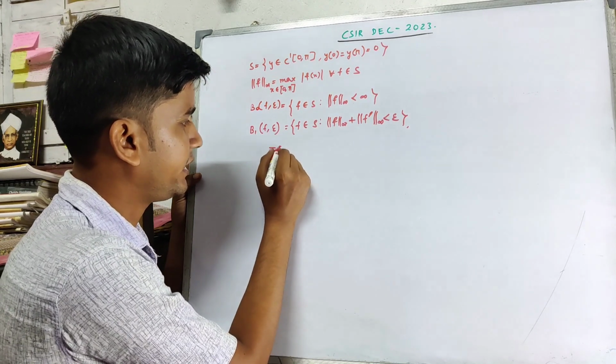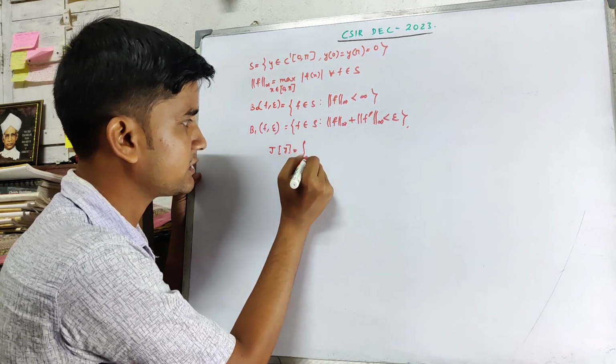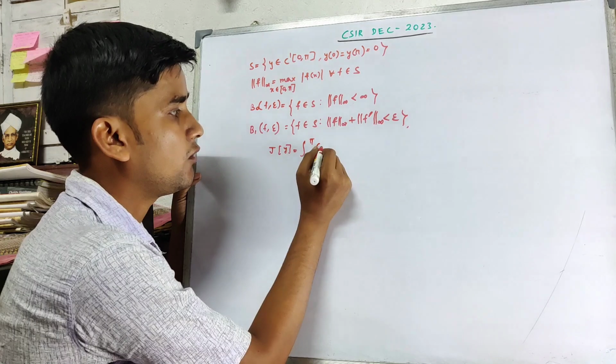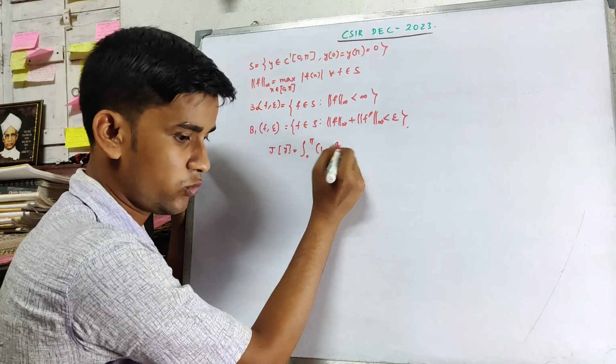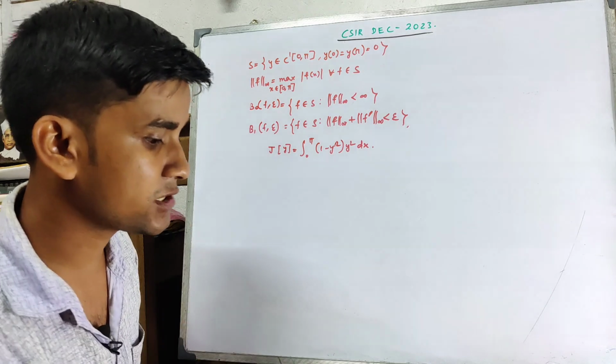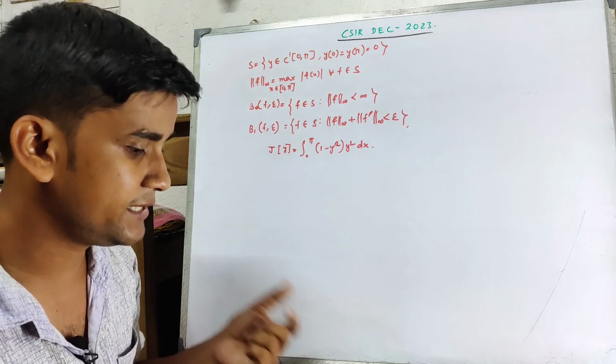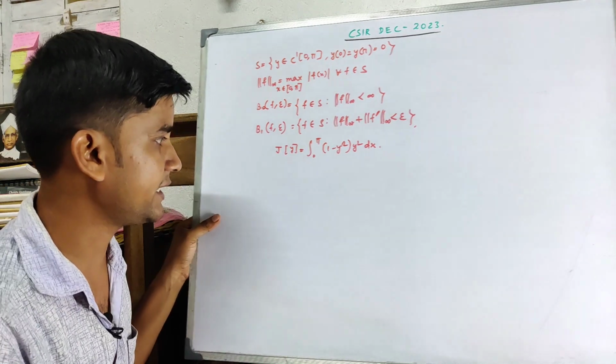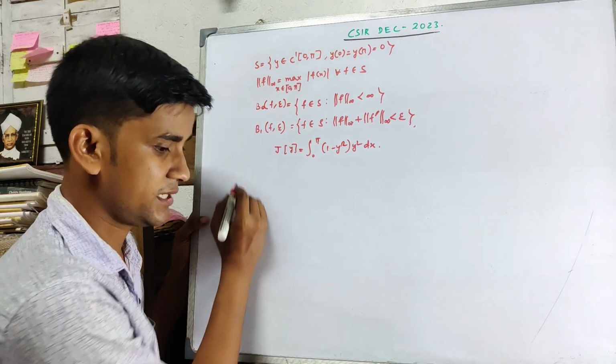And you are given that J(y) is equal to the integral from 0 to pi of (1 minus y dash square) into y square dx. Then there exists a solution J(y) less than J0. These types of solutions are written, so I just write the solutions.